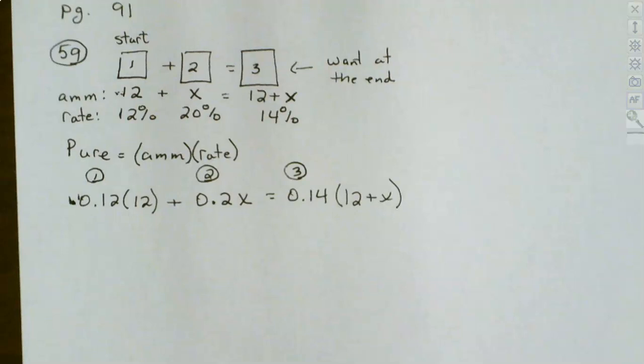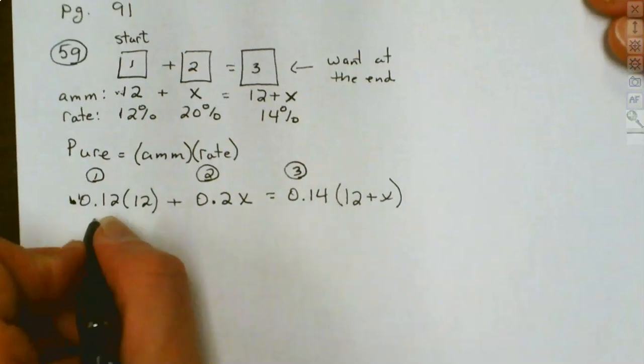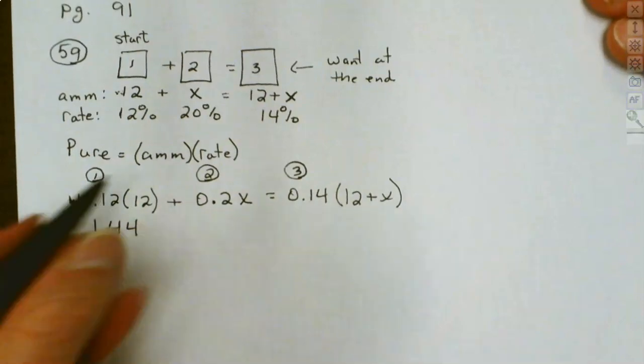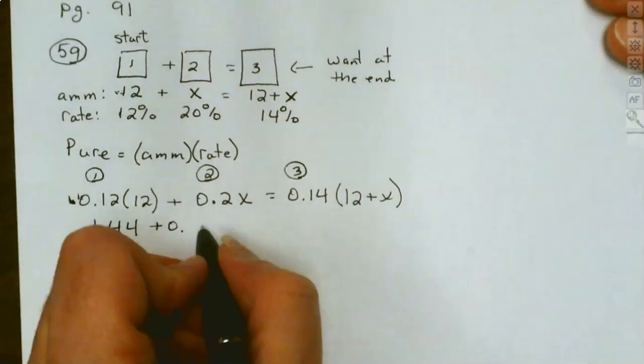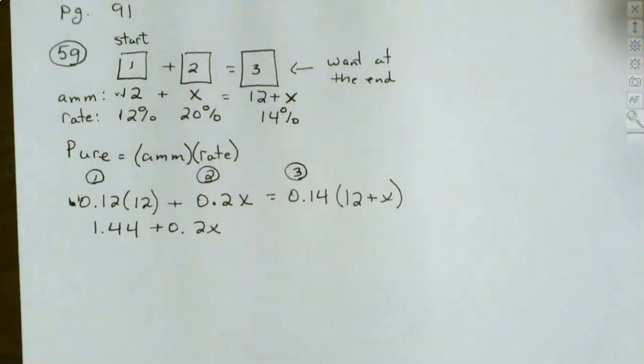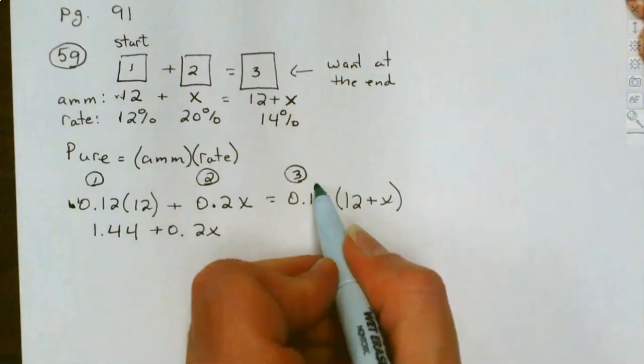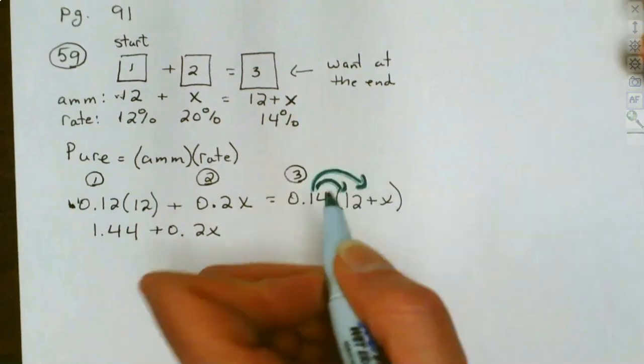So now we just multiply and combine like terms. 12 times 0.12 gives you your 1.44. And then we've got a 0.2x here. We're going to go ahead and distribute that 0.14 through.